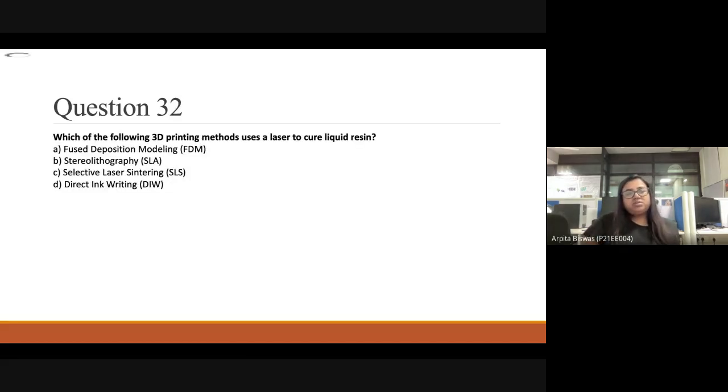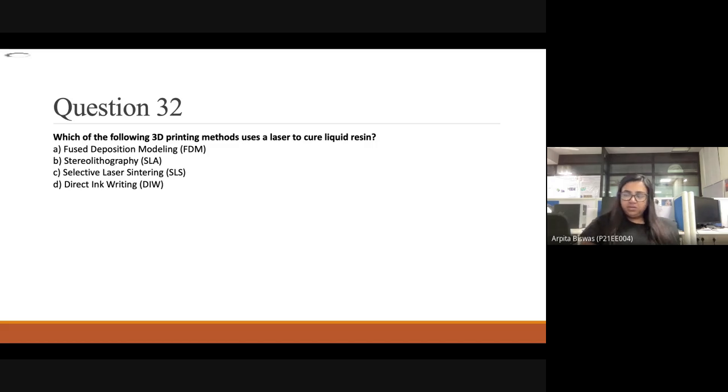So next question number 32. Which of the following 3D printing methods uses a laser to cure the liquid resin? First option is fused deposition modeling, then stereolithography, then selective laser sintering, then direct ink writing.